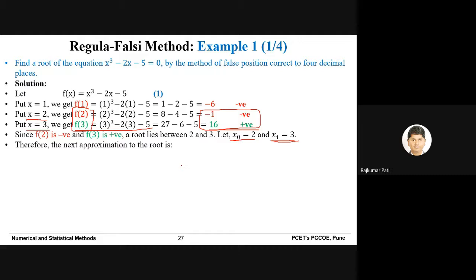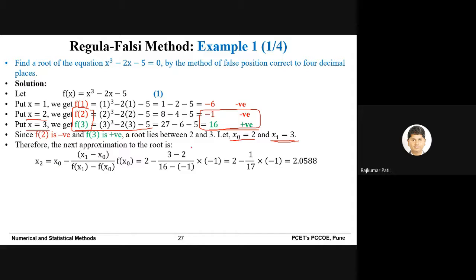Therefore, with the help of the regula falsi method, we will try to find approximations. We have x naught and x1, and we will then calculate x2. So x2 is equal to x naught minus (x1 minus x naught) upon (f of x1 minus f of x naught) into f of x naught. This formula we already derived, and here x naught is 2, x1 is 3, f of x1 is 16, and f of x naught is minus 1.